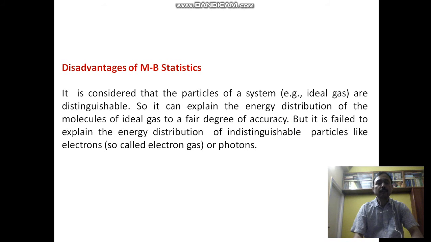But it fails to explain the energy distribution of indistinguishable particles like electrons, the so-called electron gas, or photons. Indistinguishable means, suppose there are 10 balls having the same color, say blue. So how can we distinguish? So the distribution of this type of particles, like electron gas and photons, cannot be explained by Maxwell-Boltzmann statistics.